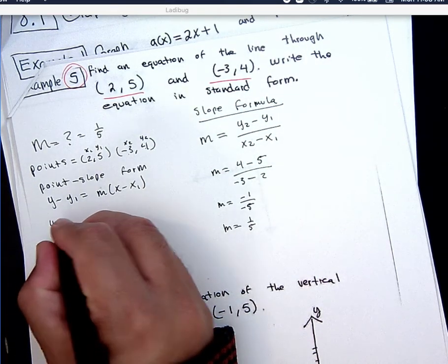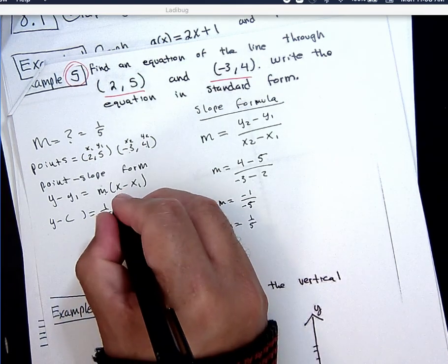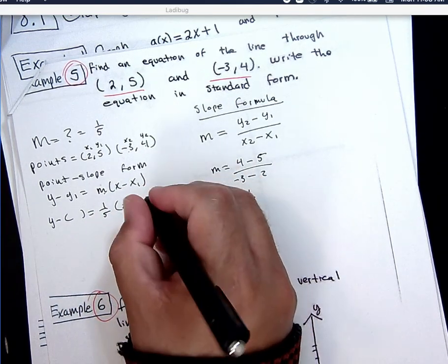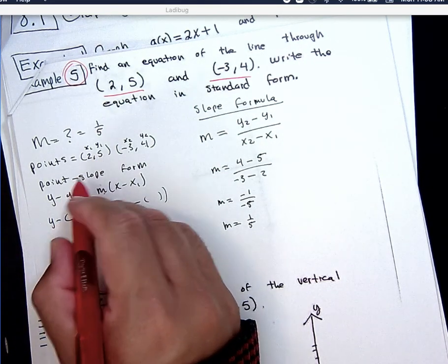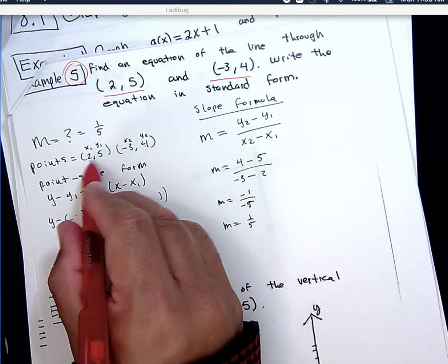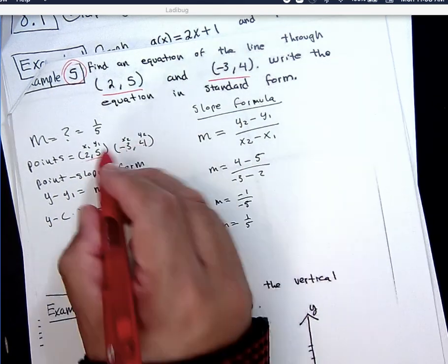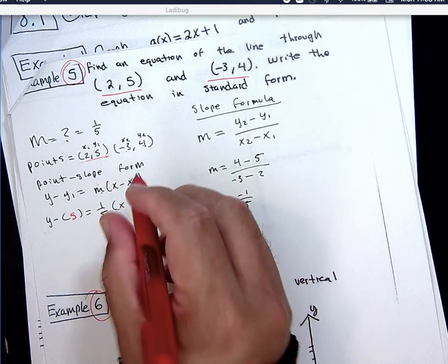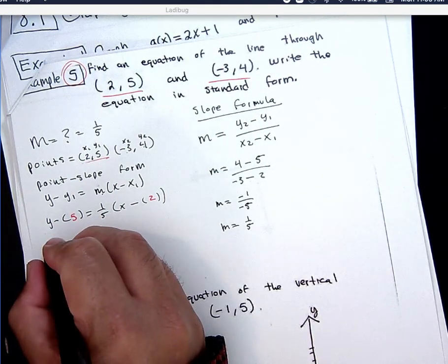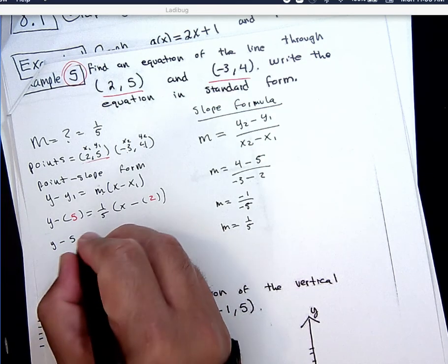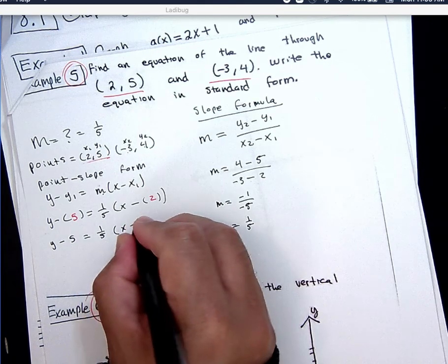So y minus parentheses, what's the slope? 1/5. x minus parentheses. So what goes here? That's the y, which then choose any of these two numbers. I'm gonna choose this one. So 5, and the x would be 2. So y minus 5 equals 1/5 times x minus 2.